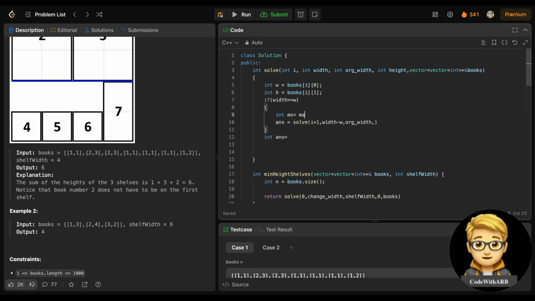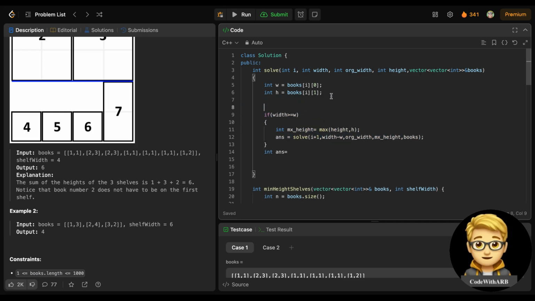So we will store the max height here, and we will just pass the books, right?